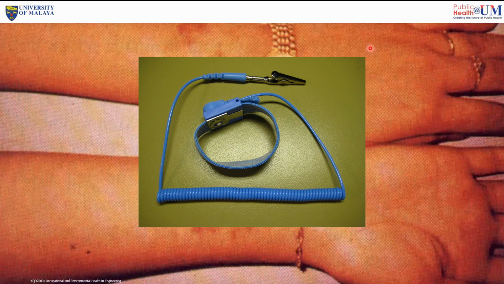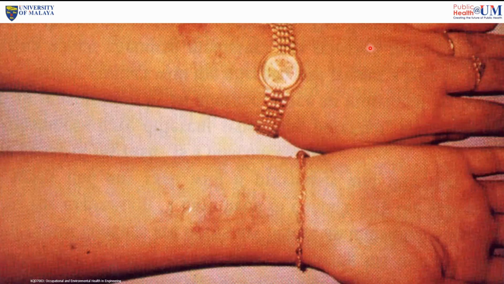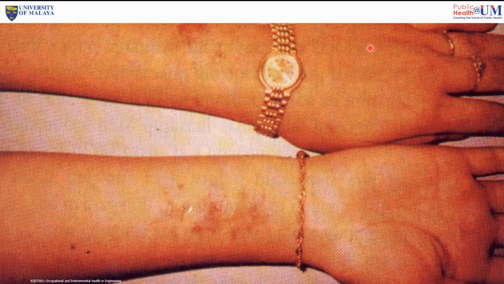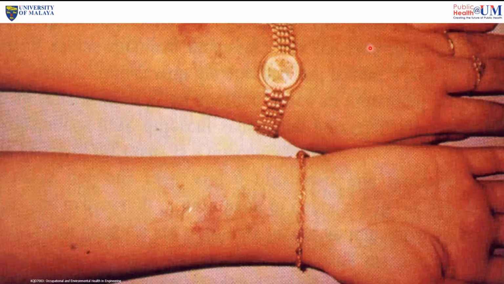That's why if you see this type of case, you see people with contact dermatitis or lesions around the hand, most probably due to their anti-static band. You can improve that by changing the nickel to another conductor, such as copper, but copper of course is much more expensive compared to nickel. That's why they use nickel as an anti-static band, but you can use other conductors to remove the static electricity when you are handling electronic products.